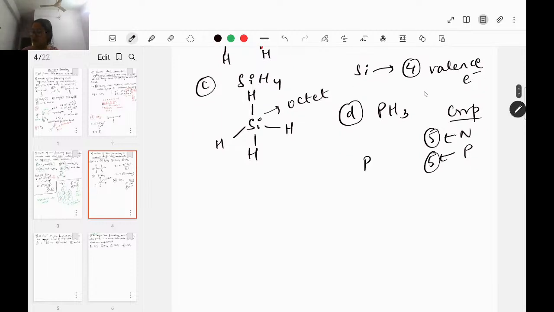Phosphorus has 1, 2, 3, 4, 5, and we have 3 hydrogen atoms. Very conveniently, phosphorus bonds with them. We have 3 bonds, so phosphorus is stable. It has reached its octet, and the hydrogens also have their duplet.